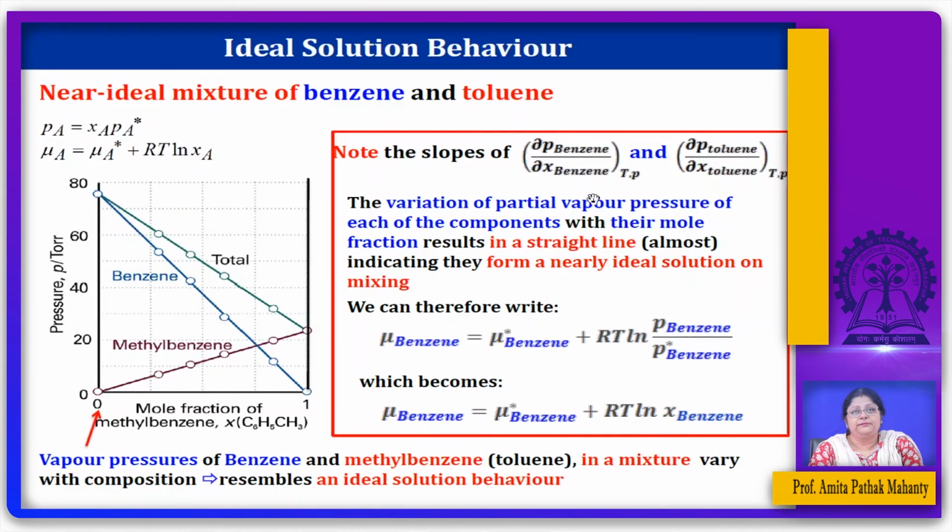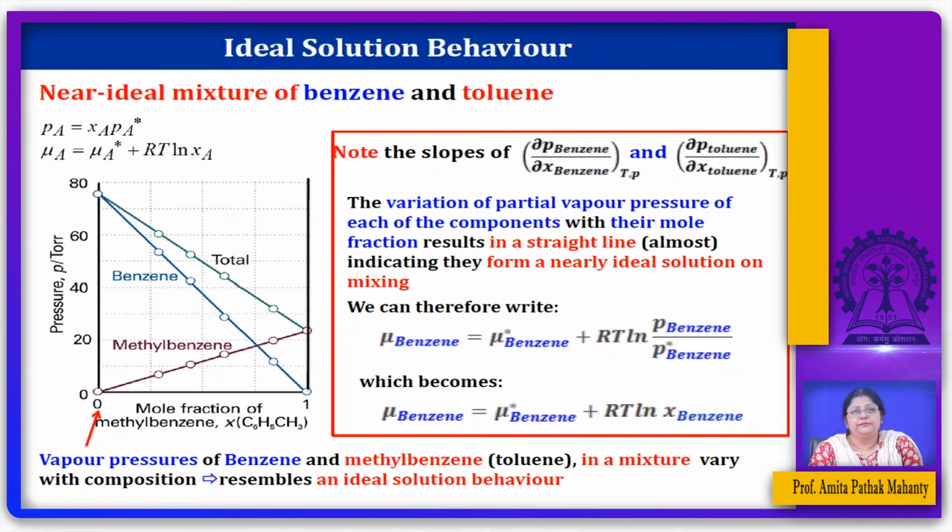So the variation of partial pressure of each of the components with their mole fractions results in a straight line. And if it is almost a straight line, then we say Raoult's law is valid.